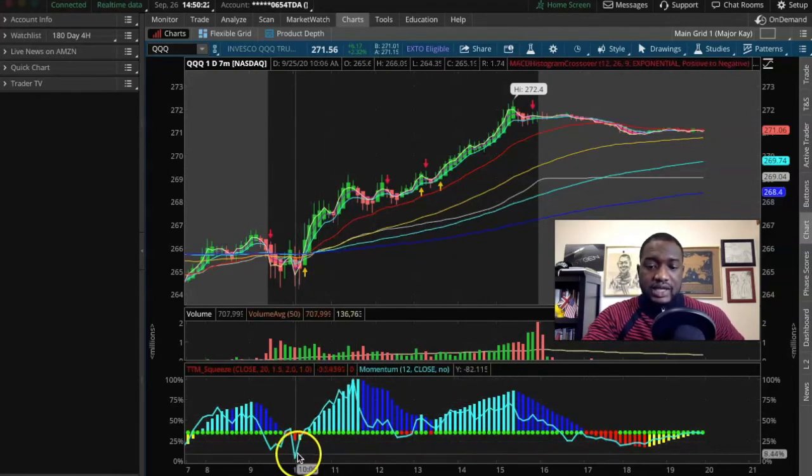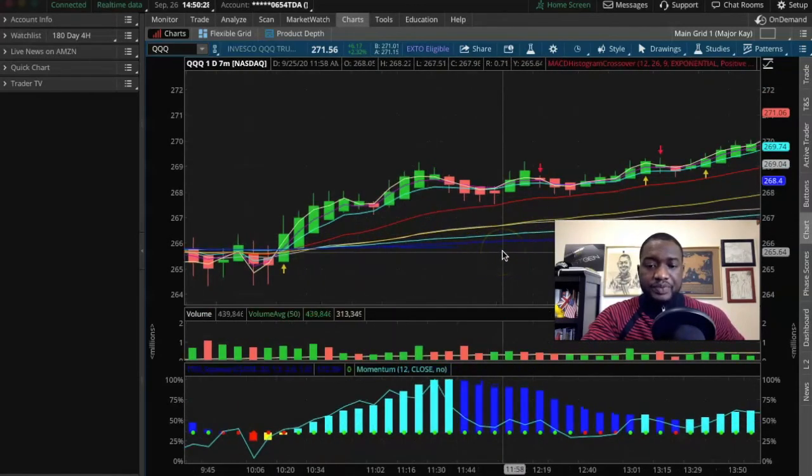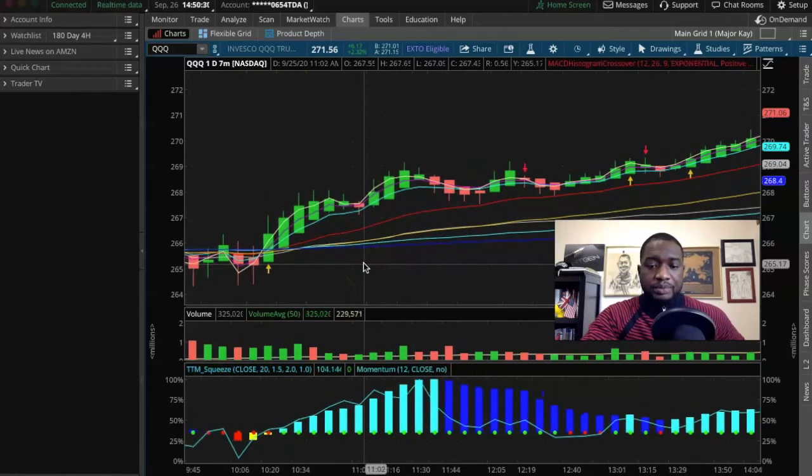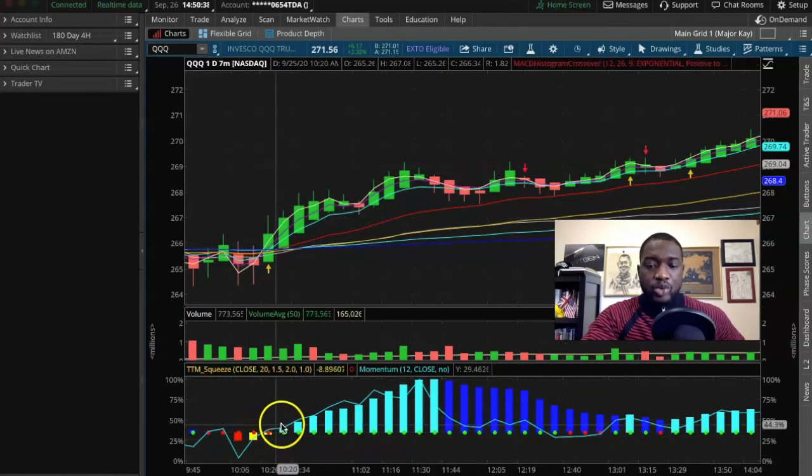As you can see, at the bottom here, if let's say we bring this in a little bit, the momentum indicator starts edging upwards, and the TTM squeeze also signifies a bullish sign.